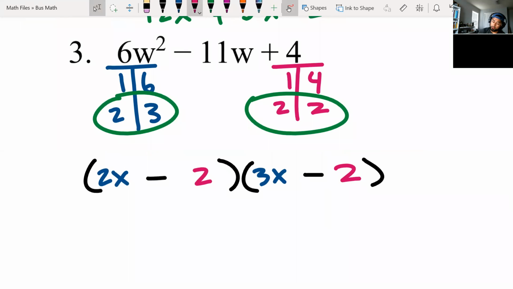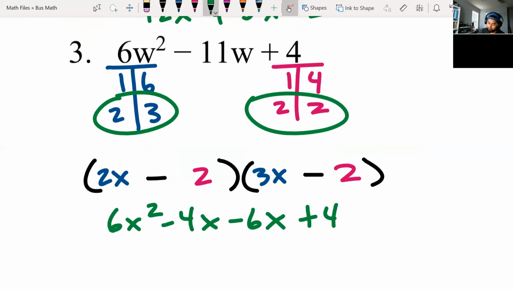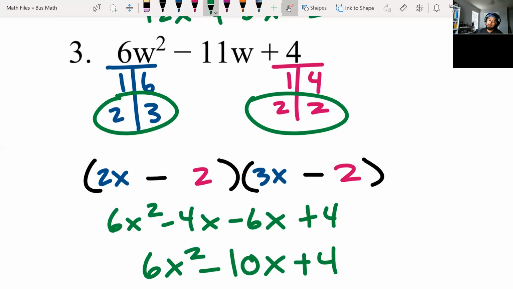And then if we FOIL, I would have 6x squared minus 4x minus 6x plus 4. This will give me 6x squared minus 10x plus 4. Does that look like the original problem above? No. So guess what? Our trick doesn't work. Like I said, it only works 95% of the time.